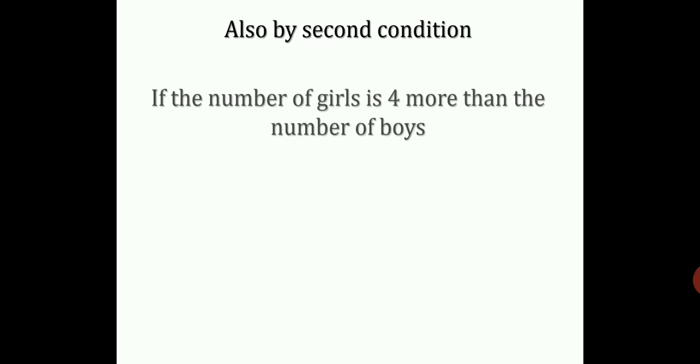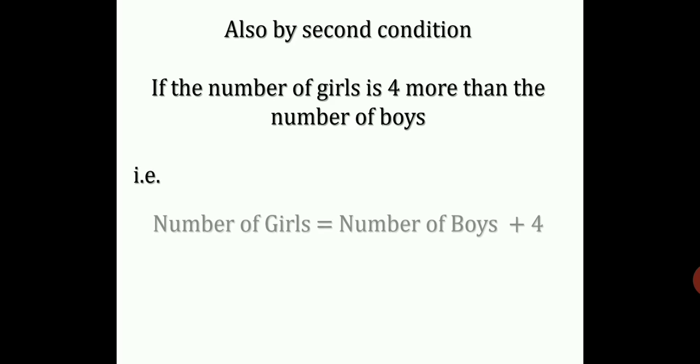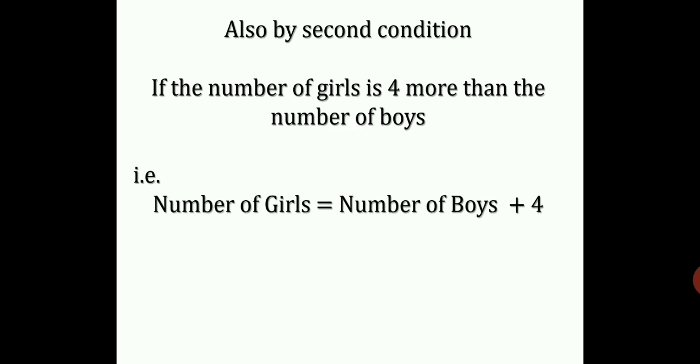But what is the second condition? The number of girls is 4 more than the number of boys. That is, number of girls equals number of boys plus 4. We take the situation in mathematical form: number of girls is x and number of boys is y plus 4.